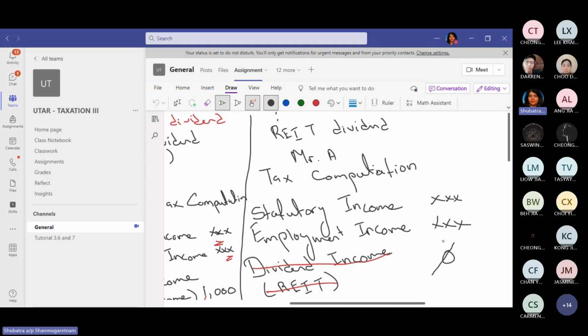What are y'all reading? Your explanation clearly says it's subjected to withholding tax, so it really means it's taxable, right? And then you come and ask me, ma'am, there's a mistake here because they put 0.